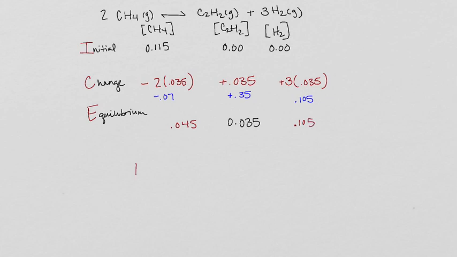We can build our equilibrium expression. So it's our K, and the C just stands for concentration so that you know it's not the partial pressures.